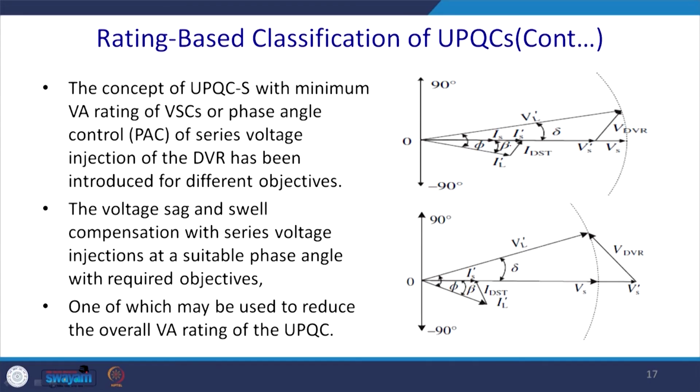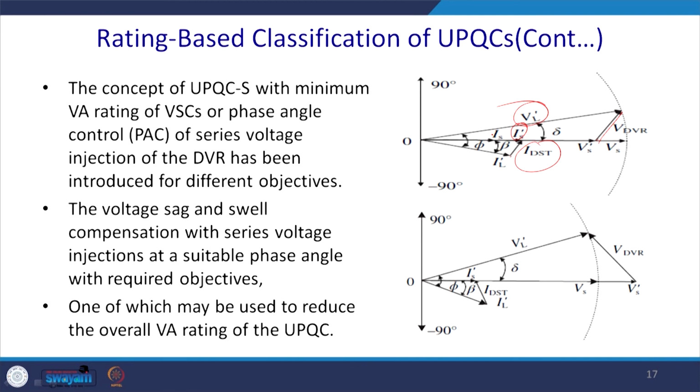This was the current, and ultimately you inject at this optimal angle. And thus the resultant load voltage becomes this after compensation. You had the angle between these in phase, this is VL, now you become VL prime, but you inject the D STATCOM current and ultimately you come here.